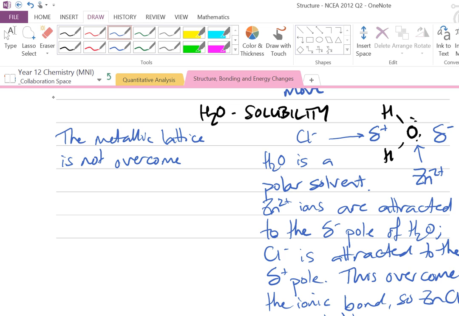Actually, I'm going to rephrase that, sorry. Okay. I'm going to say that zinc does not dissolve in water. So I'll say that it's not soluble first.